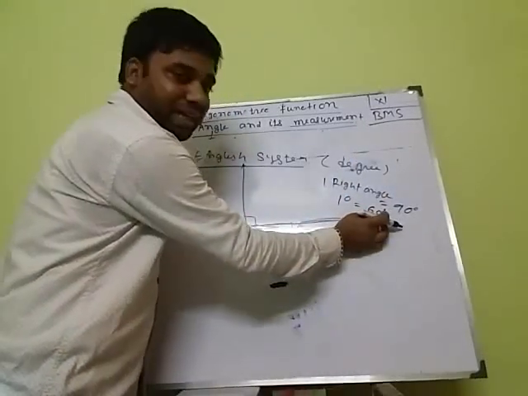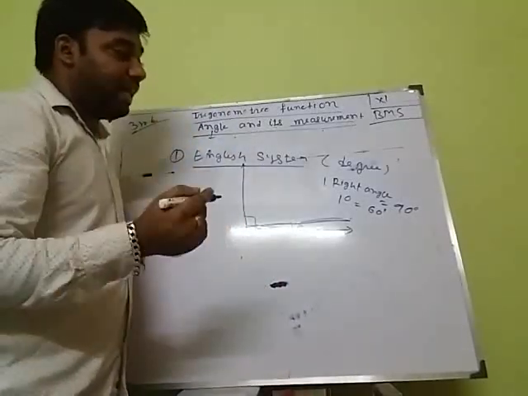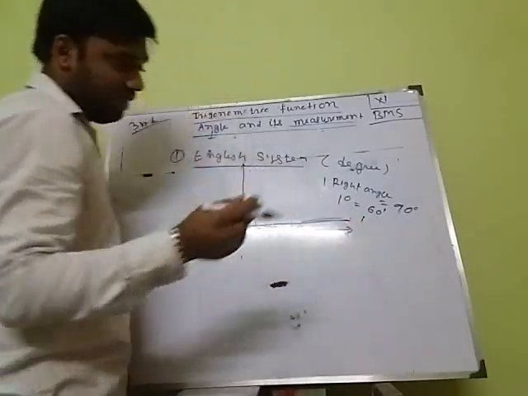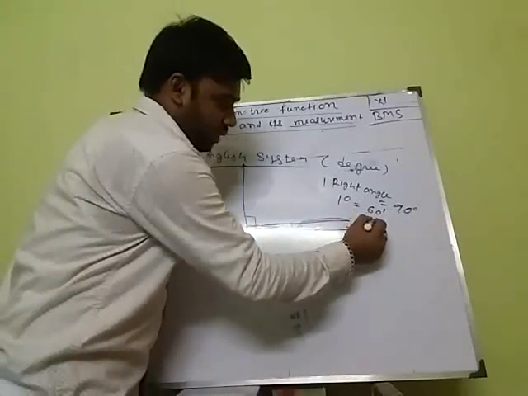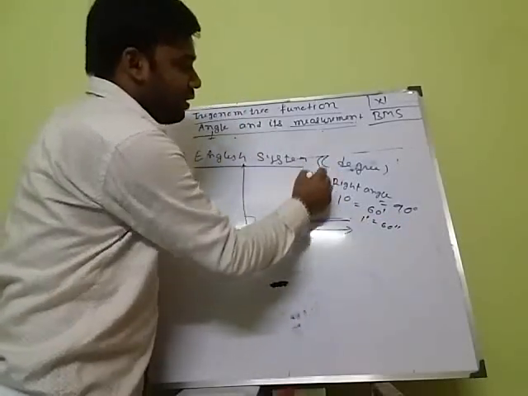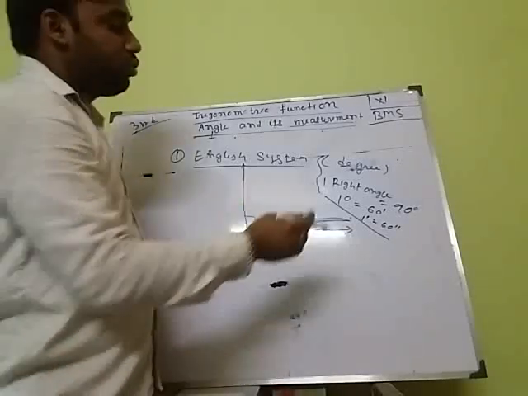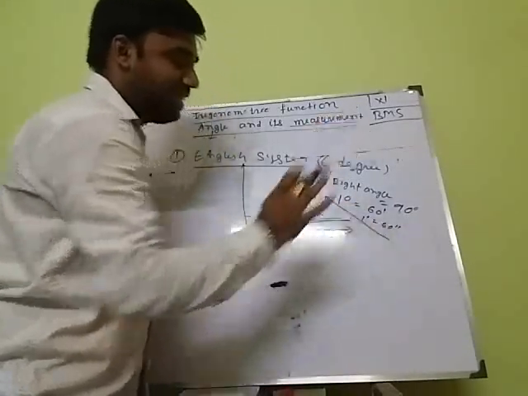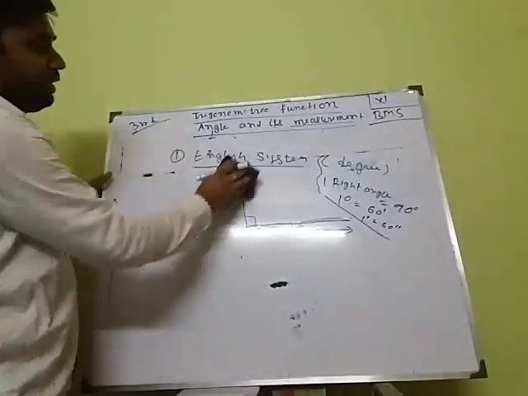Now in a similar way, if I want to measure an angle less than 1 minute, then 1 minute is divided into 60 parts, and each part is called 1 second. So 1 minute equals 60 seconds. These are the conversion factors from degree to minute and minute to second. So 1 right angle equals 90 degrees, 1 degree equals 60 minutes, and 1 minute equals 60 seconds. Okay, these are the units in the English system.